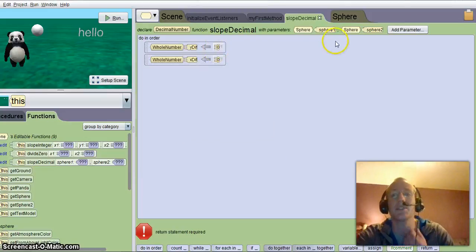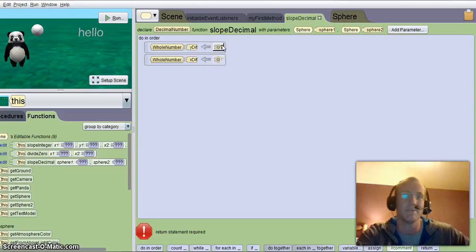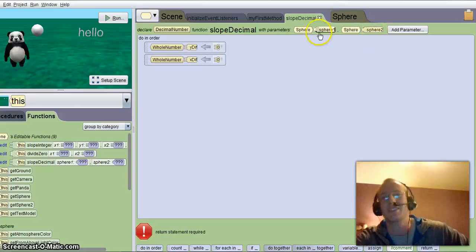And my y difference is going to equal the spheres y2 minus spheres 2 y1. Or, yeah, actually spheres 2 y minus sphere 1's y.